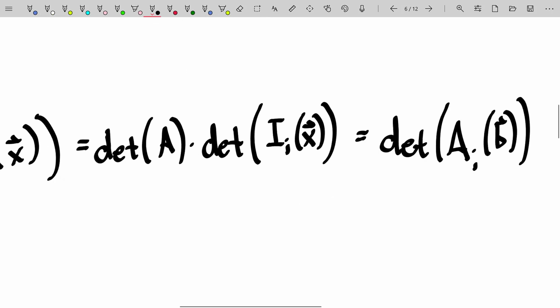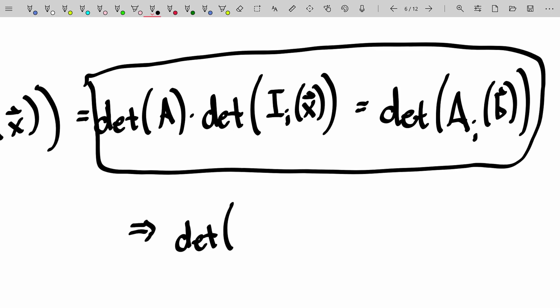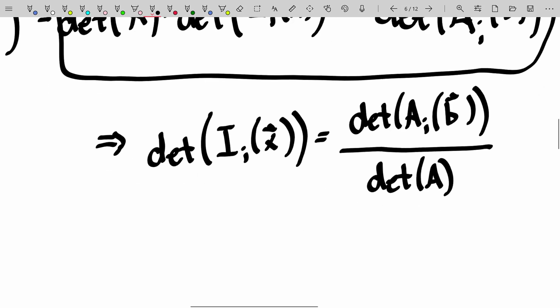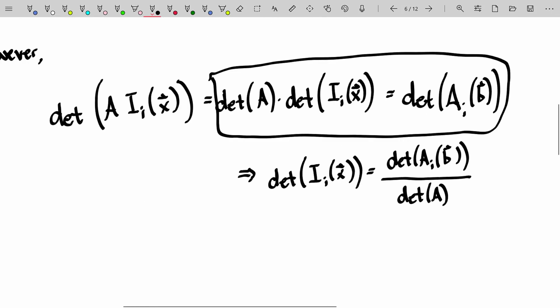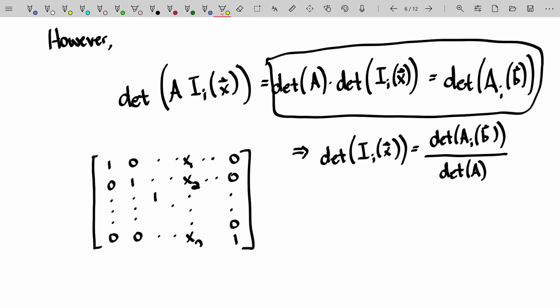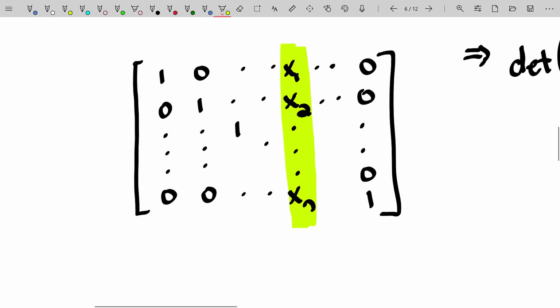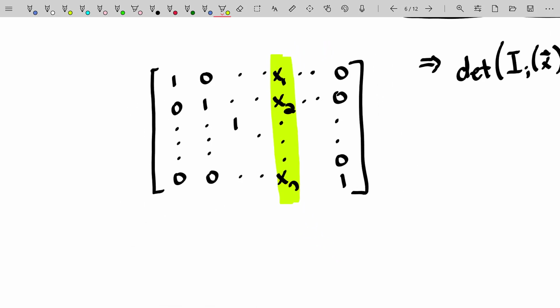If you divide this equation right here by the determinant of A, you get that right there. Now here's where the argument is very important. That identity matrix with the ith column replaced by X looks like this, where the ith column has been replaced with the vector X. Now imagine I wanted to take the determinant of this matrix. What you can do is expand about that column that I've just highlighted.